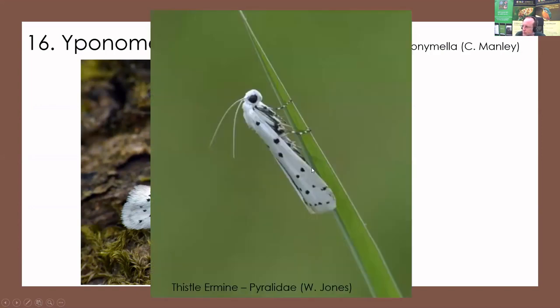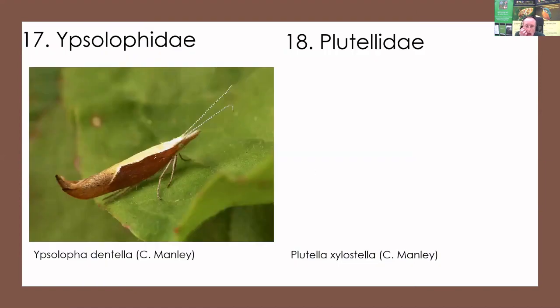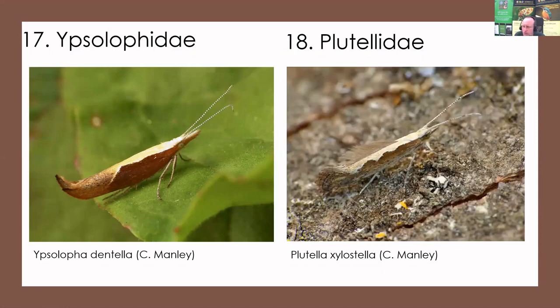So the Ypsolophidae and Plutellidae, let's put both pictures up. I don't know why that was missing. Very similar sort of look to them. So this is a honeysuckle-feeding Ypsolopha dentella, and this is the diamondback moth, Plutella xylostella.